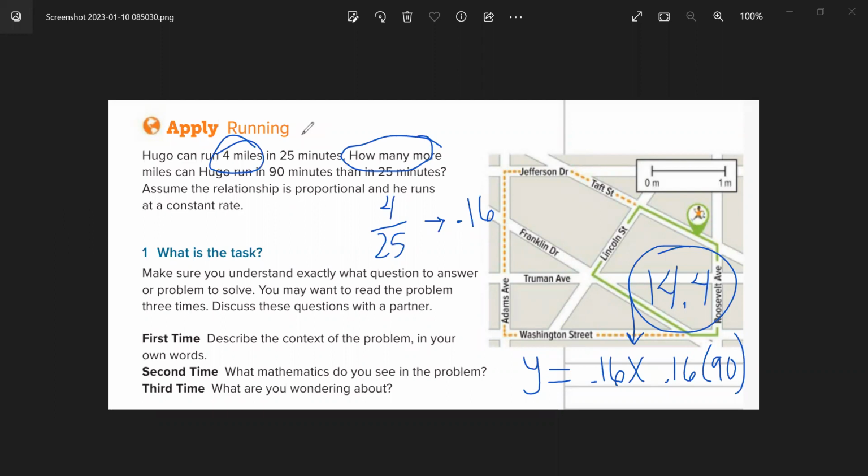And we also know that in 90 minutes, he runs 14.4 miles. So how many more miles does he run in 90 minutes? Well, we do a subtraction. 14.4 minus 4 will give us a total of 10.4 miles. So that's how much more he runs in 90 minutes than in 25 minutes.